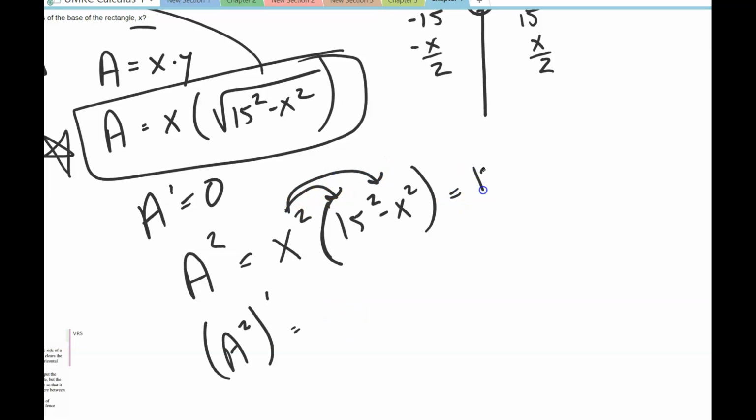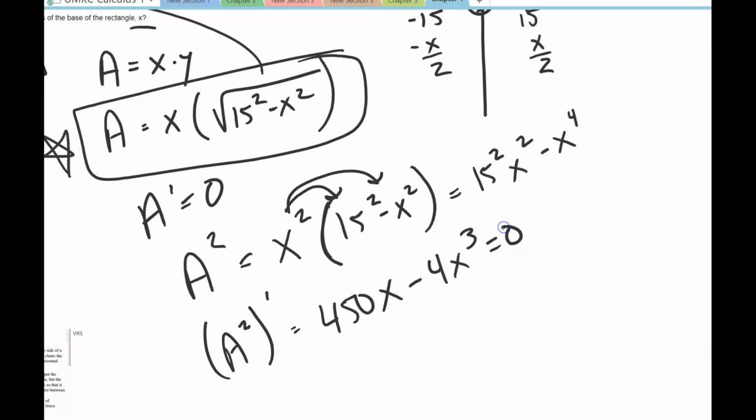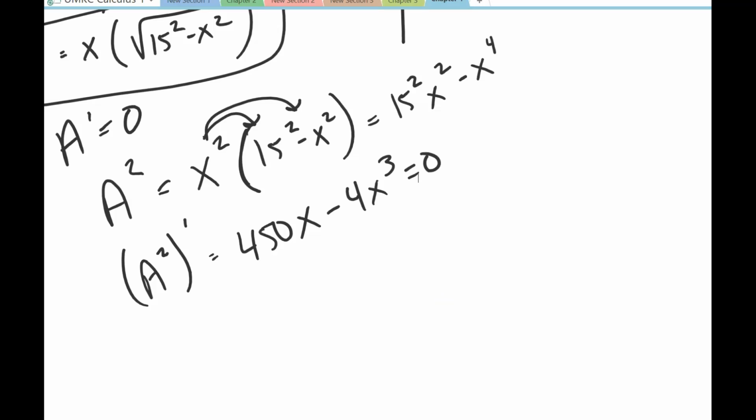So I end up with 15 squared x squared minus x to the 4th. Now if I differentiate that, 15 squared is 225. Multiply that by 2, I end up with 450x minus 4x cubed, and I'm going to set that equal to 0. So I'm finding the critical points of the A squared function.